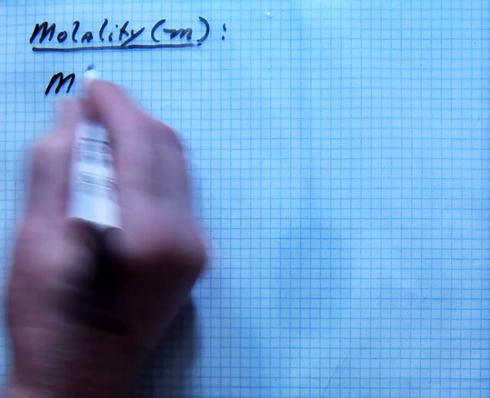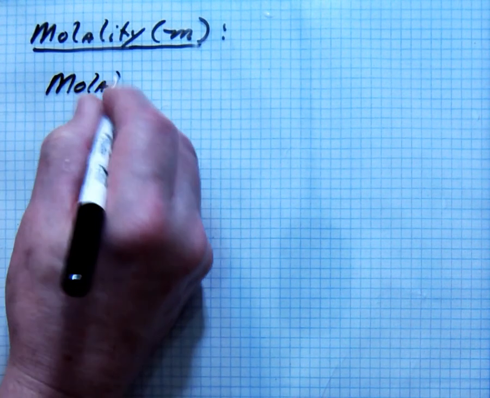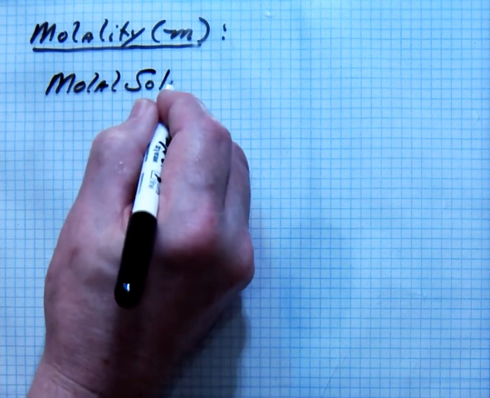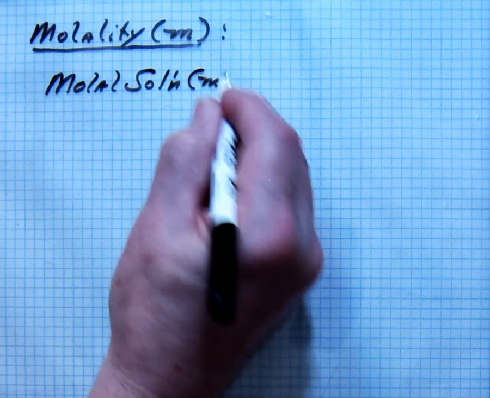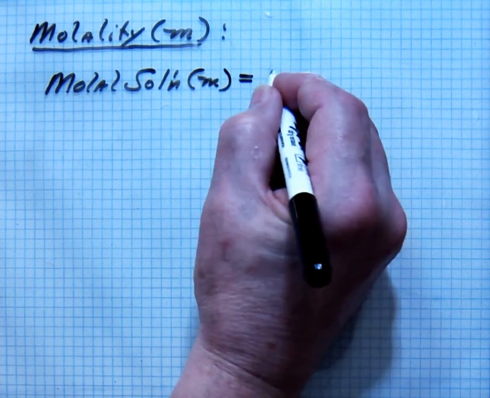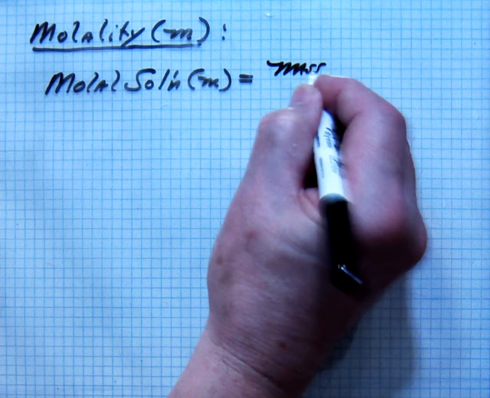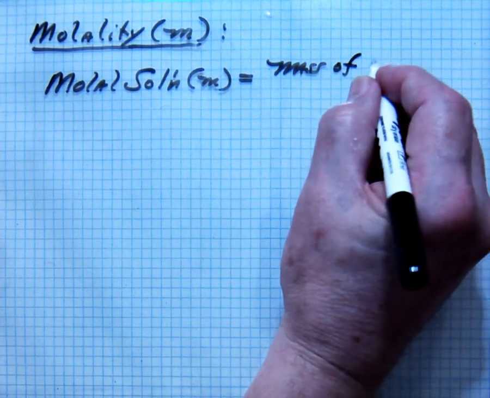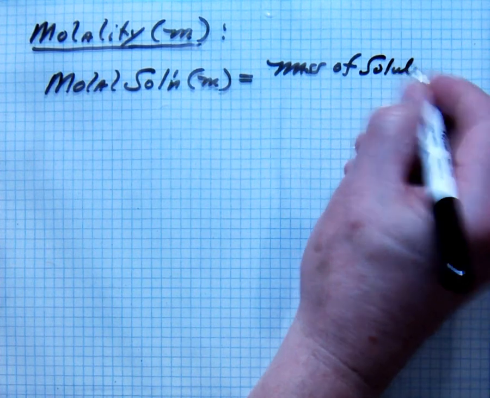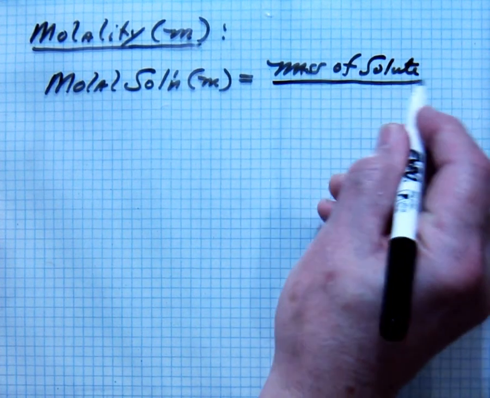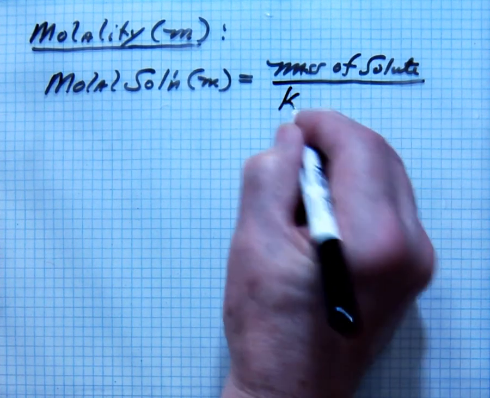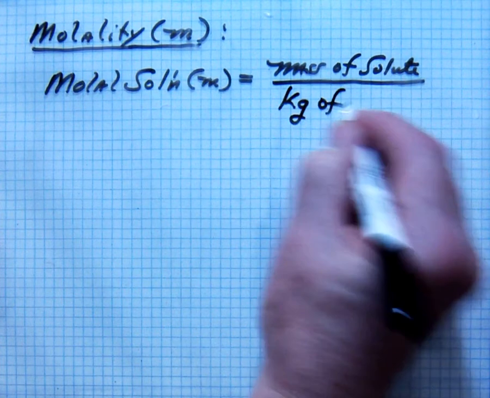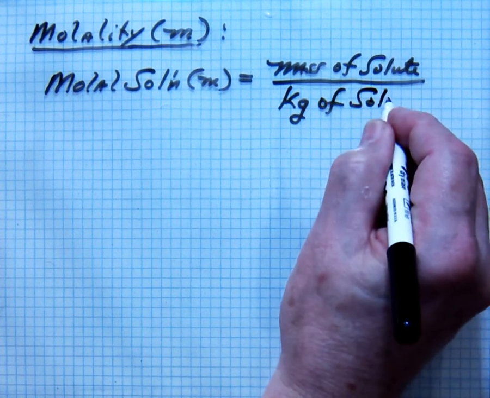So a molal solution, lowercase m, is the mass of solute per kilogram of solvent.